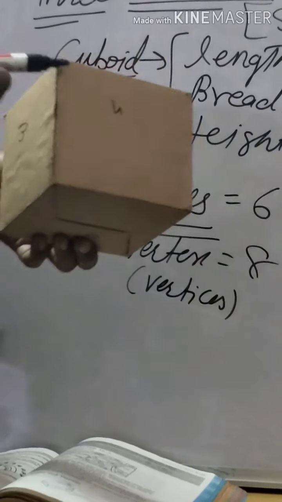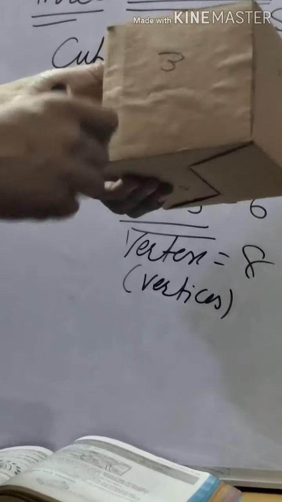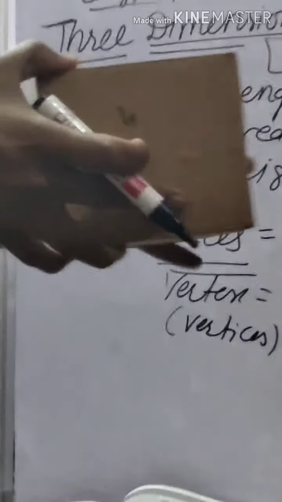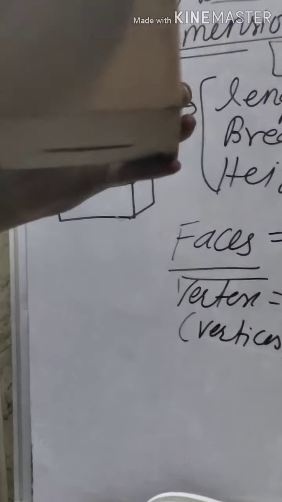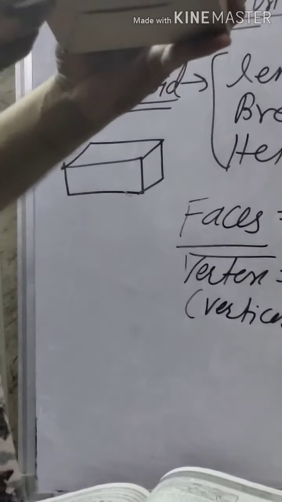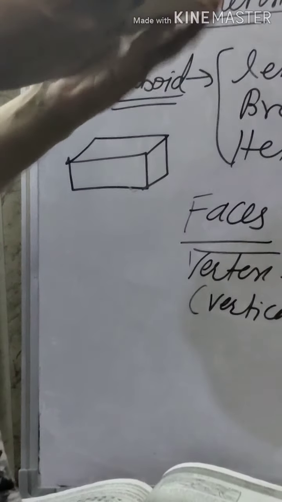So one length, second, third, fourth. You can see 4 heights are there, 4 lengths are there and 4 breadths are there. Very simple. Understand? One height, 2nd height, 3rd height, 4th height.